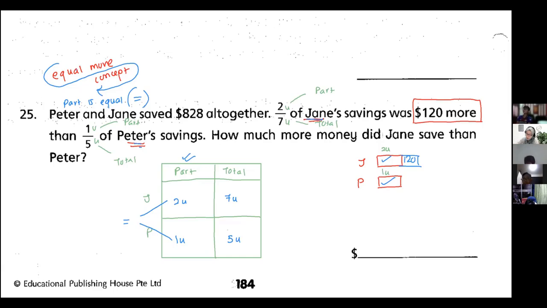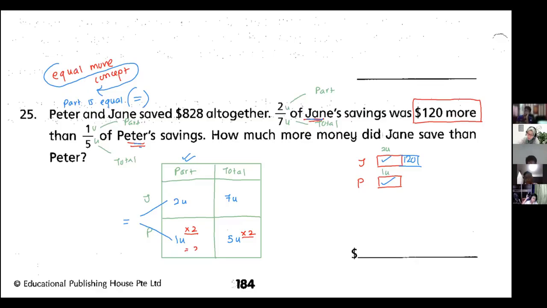If they're not the same, then you make them the same. How do you make units the same? You times. 2 cannot be converted to 1, but 1 can be converted to 2. How do we do that? We times. Whatever I do to the box in one row, the next box in the next row will do the same. So this one must also times 2.